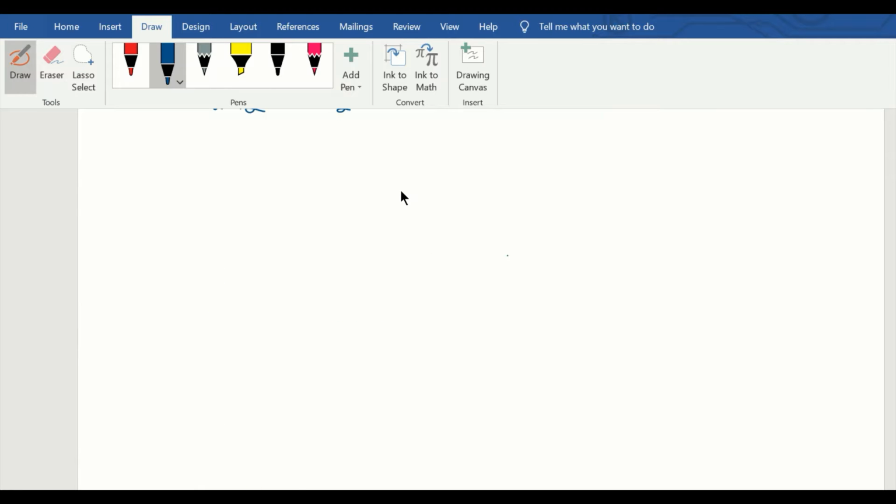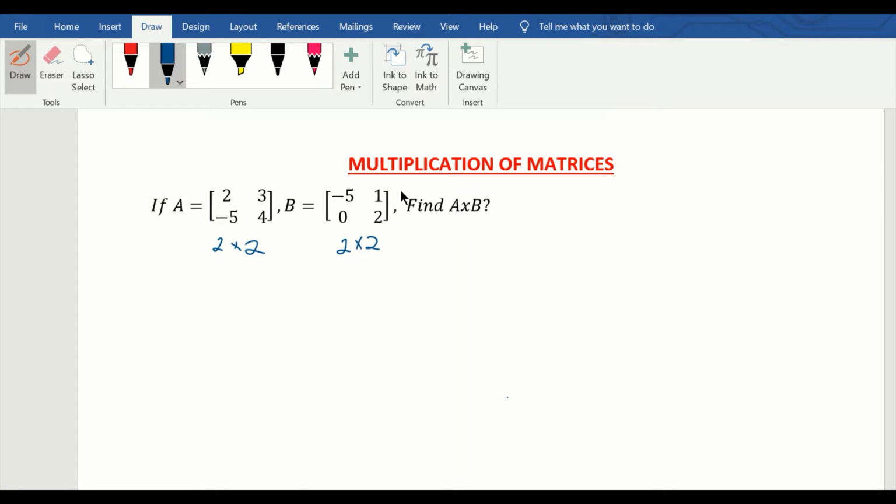Alright, before we start, I will give us the condition for multiplication to take place. For us to be able to multiply two matrices, the number of columns in the first matrix must be the same as the number of rows in the second matrix. As you can see right here, we have 2 columns in this matrix, and the number of rows is also 2 in the second matrix.